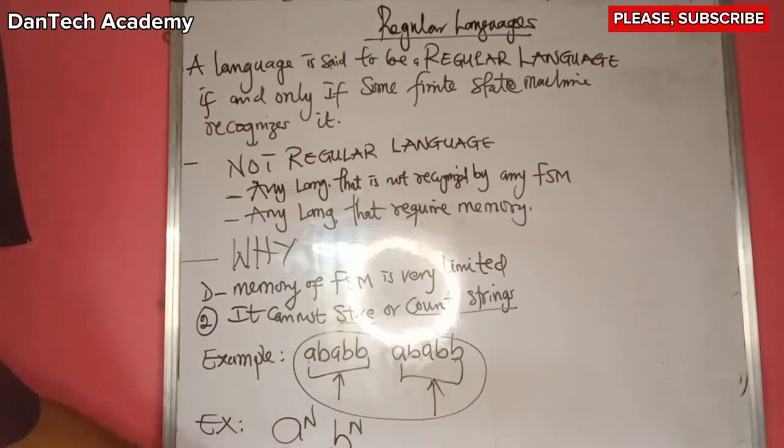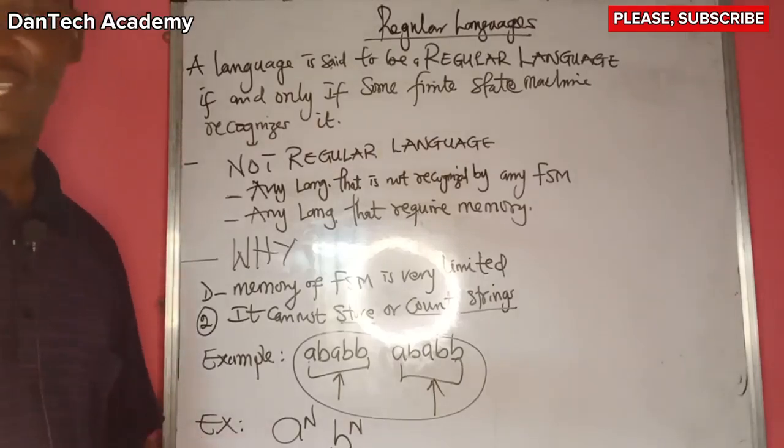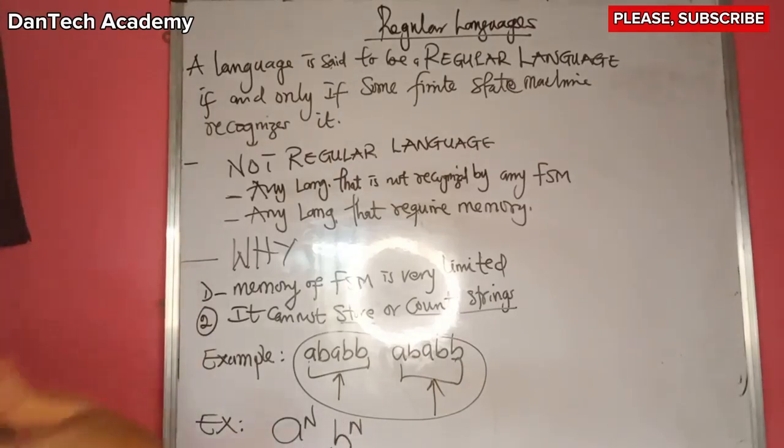If you look at this, this is different from this. So FSM can keep this, because they are not the same thing. When it finishes these strings and comes to this place, it's like starting another string entirely. There is no repetition. So let me give you this note.